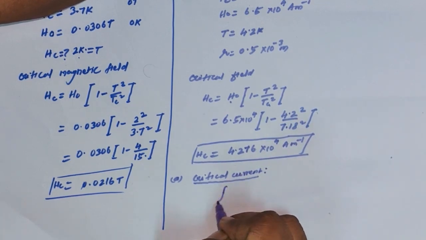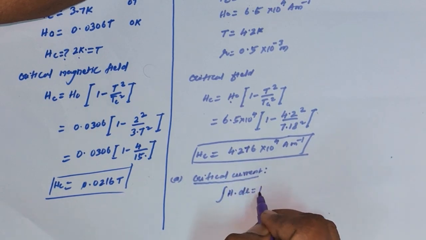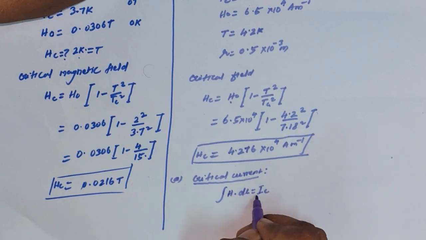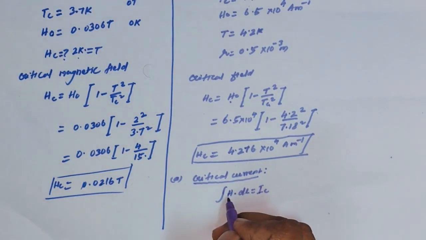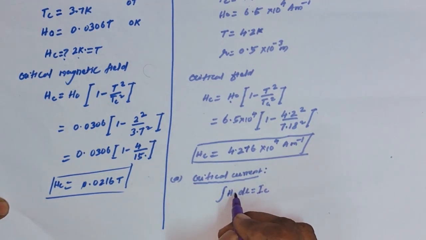Ampere's circuital law: the integral of the critical field H dot dl equals the critical current Ic, or B dot dl equals mu naught I, where B by mu naught is equal to H. This is Ampere's circuital law for this wire.